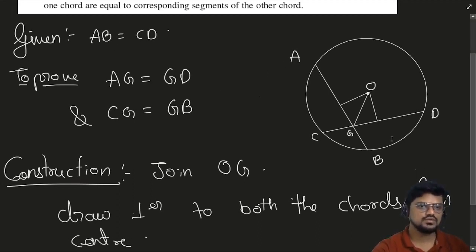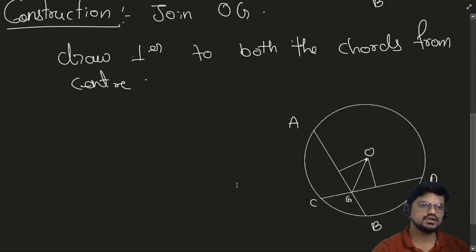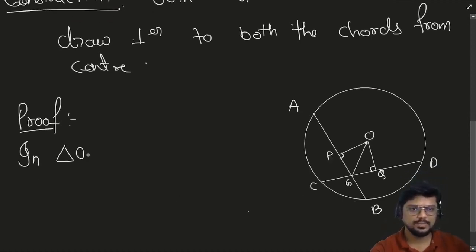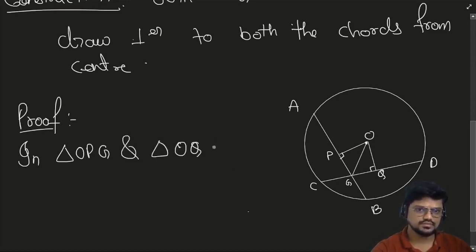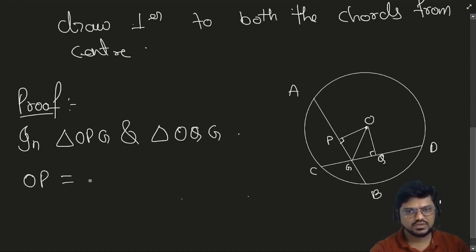Now once we have drawn this, we'll write the proof of how the two distances will be equal. These are perpendiculars, so let's say the feet of the perpendiculars are P and Q. In triangle OPG and triangle OQG, I can say OP is equal to OQ.